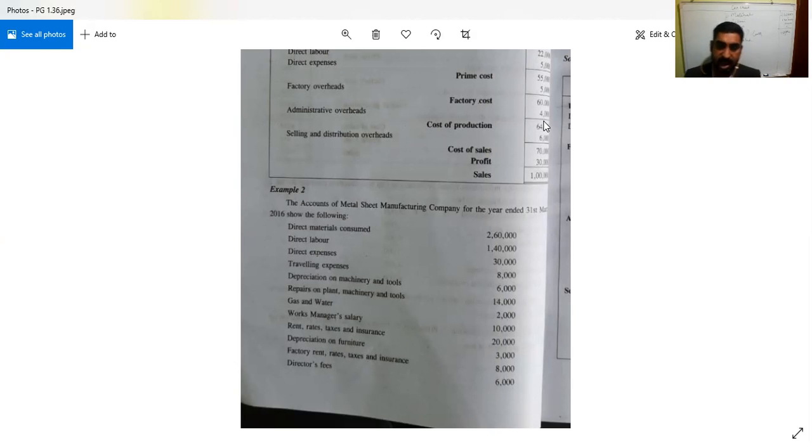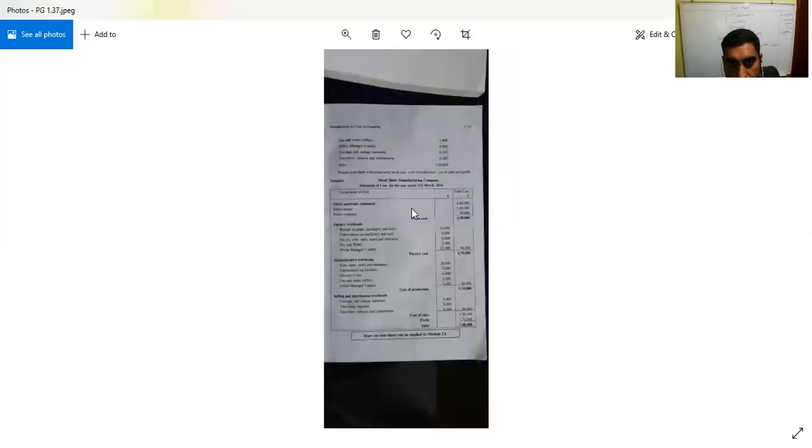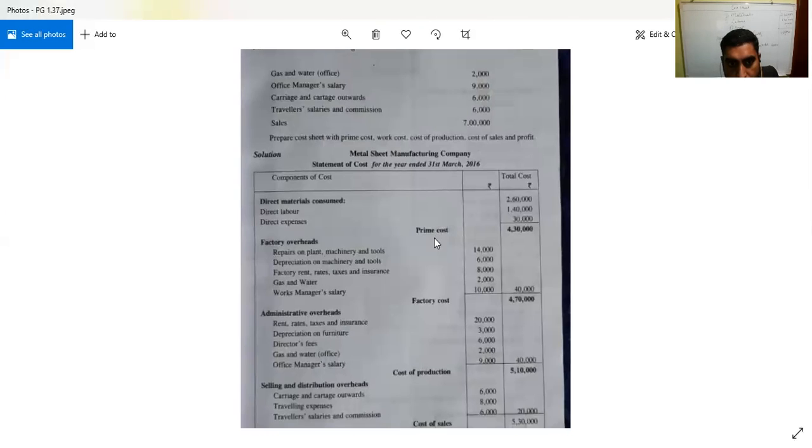So depreciation on machinery and tools, where it is in the factory. How much is the amount? It is 6,000. Okay, then repairs on plant and machinery, how much is the amount? 14,000.